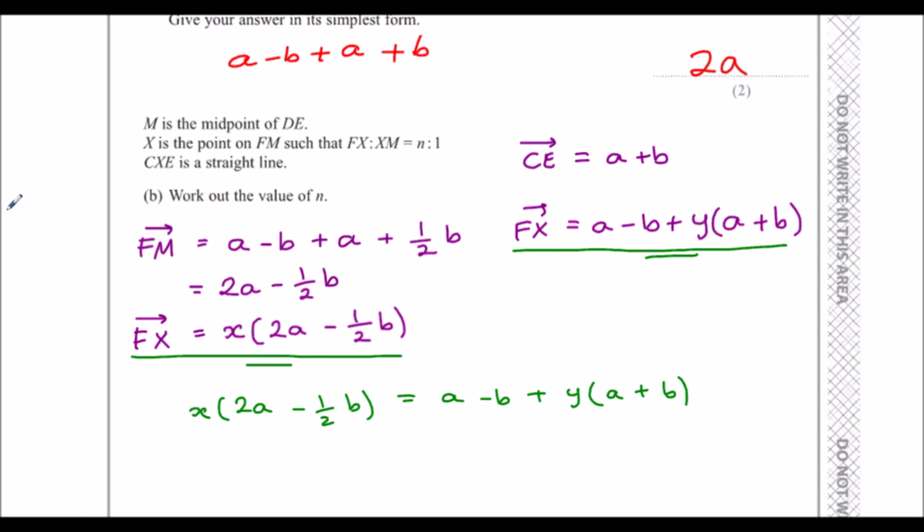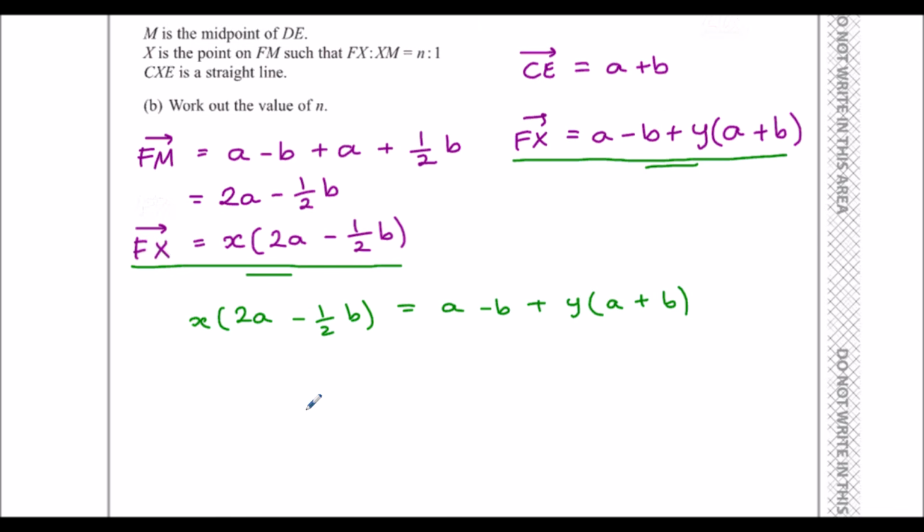So these are equal. I'm going to expand these brackets. Remember, x and y, they're just fractions we don't know. So they are numbers. So x times 2a, so 2 is a number, so it's 2x a's minus half x b's.